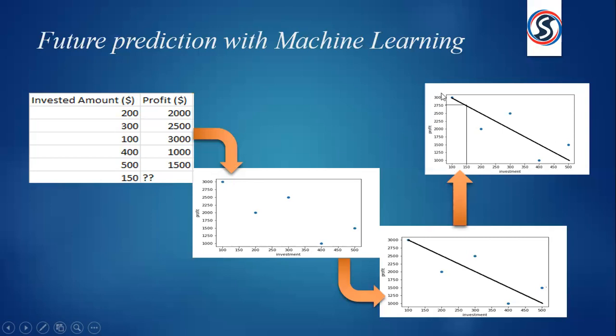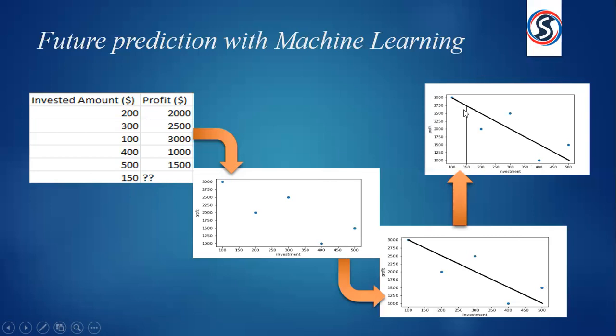Now if I draw a straight line passing through all my data points, and in future my invested amount is 150, I have marked this 150 here.